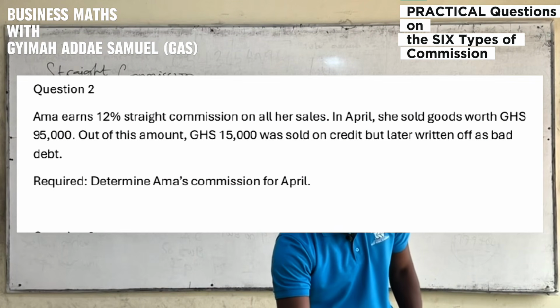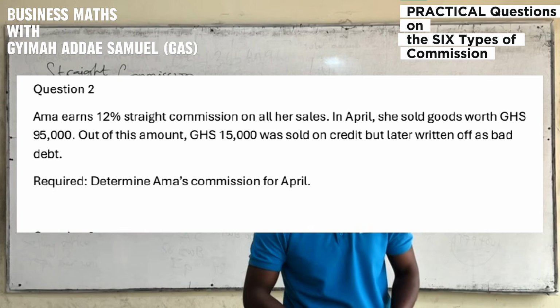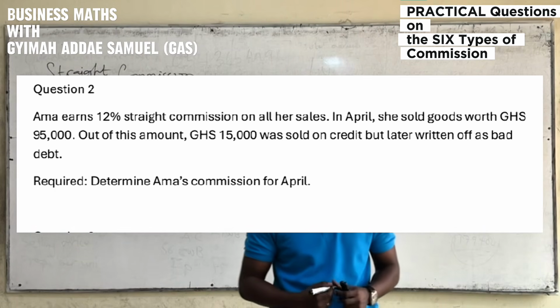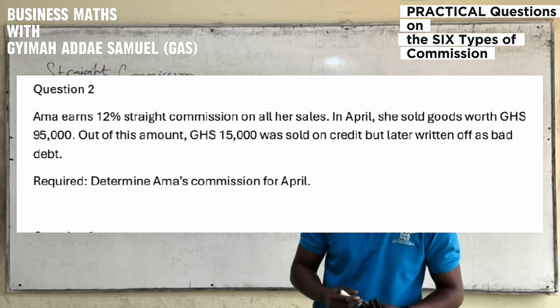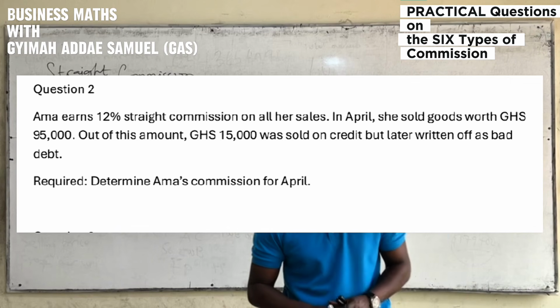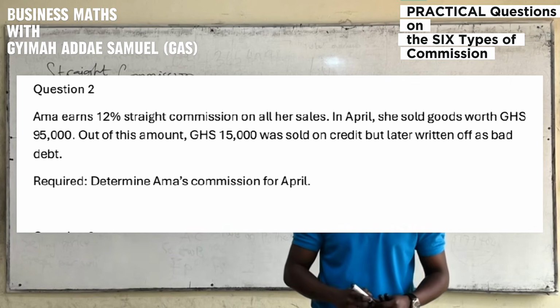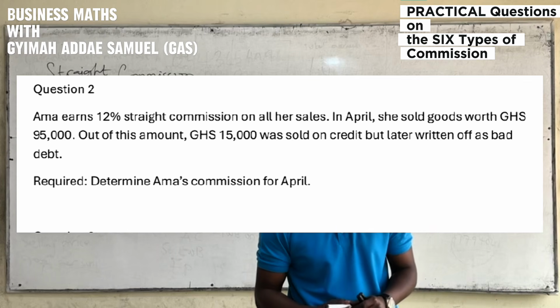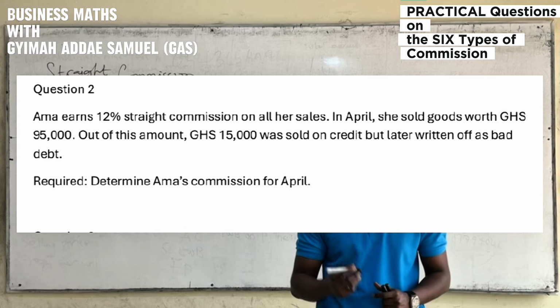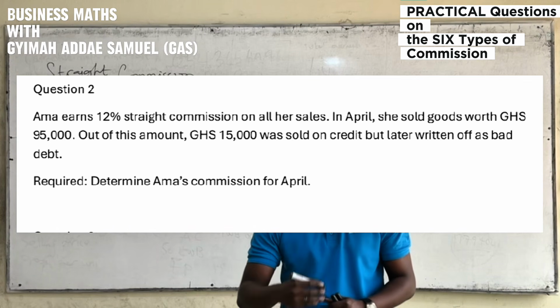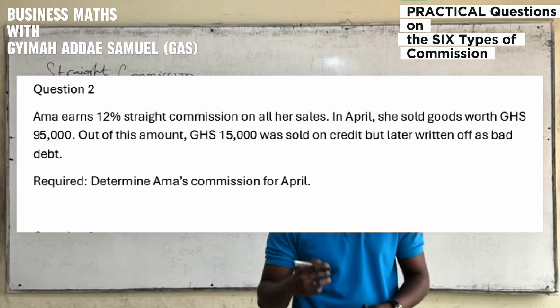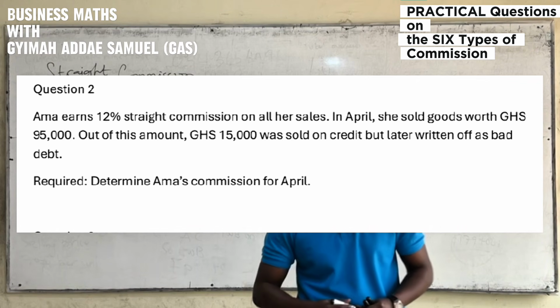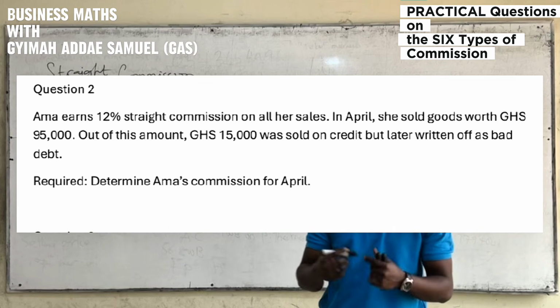It says Amma earns 12% straight commission on all her sales. In April, she sold goods worth 95,000 Ghana cedis. Out of this amount, 15,000 Ghana cedis was sold on credit, but later written off as bad debt. Determine Amma's commission for April.